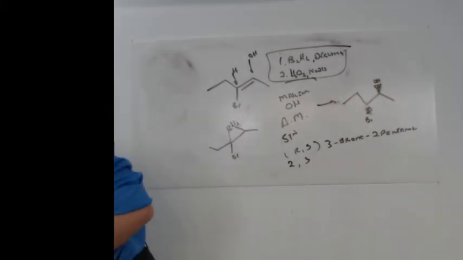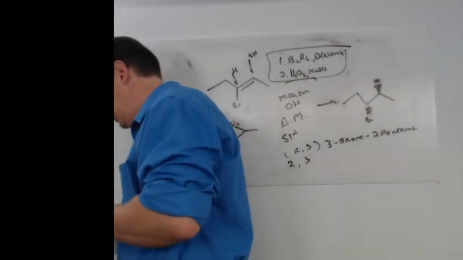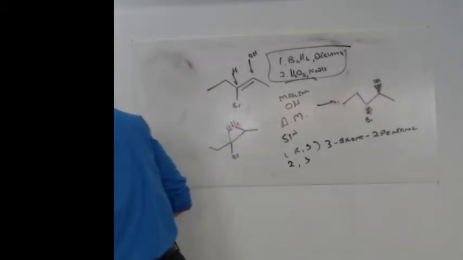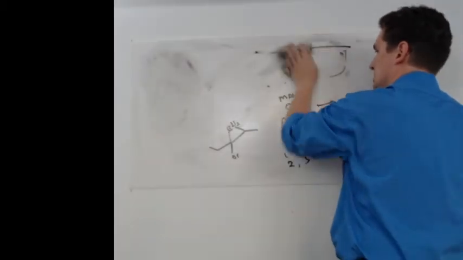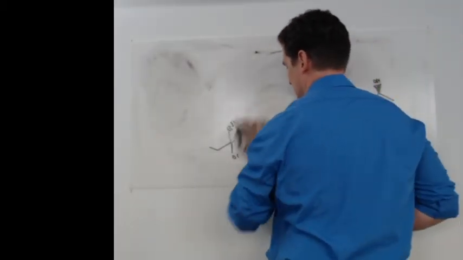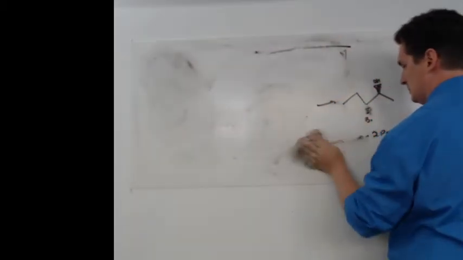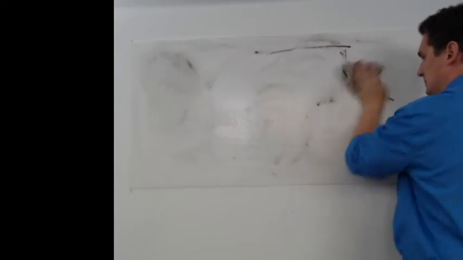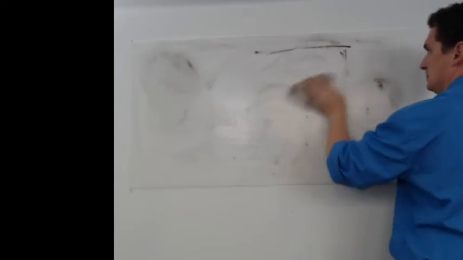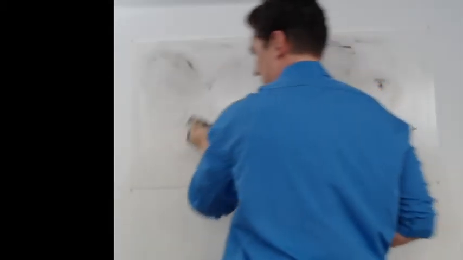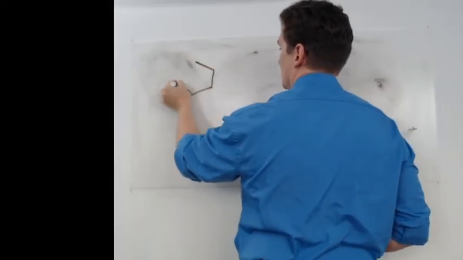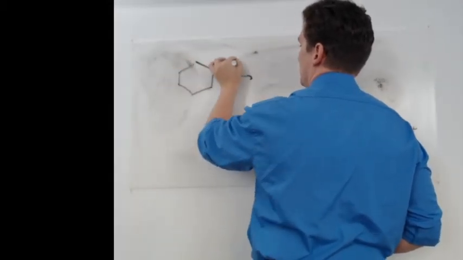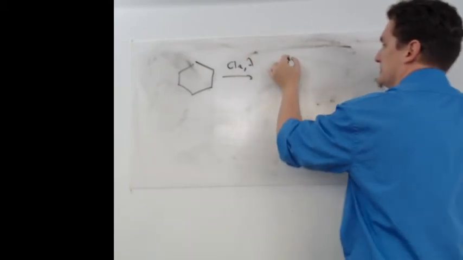Let me clear off a little bit more space on the board. So let's say we have something simple like cyclohexane, and we add a half equivalent of Cl2 and light.